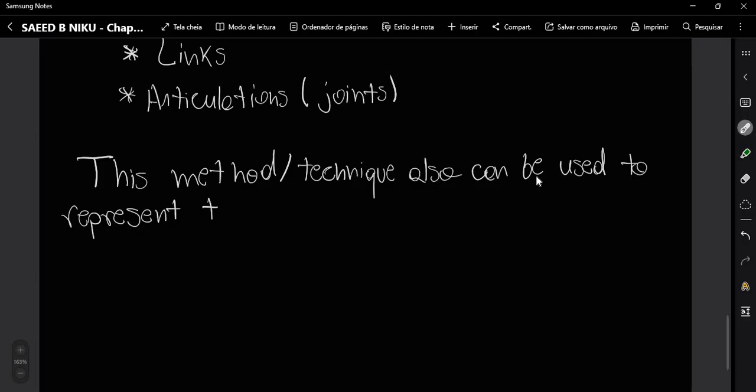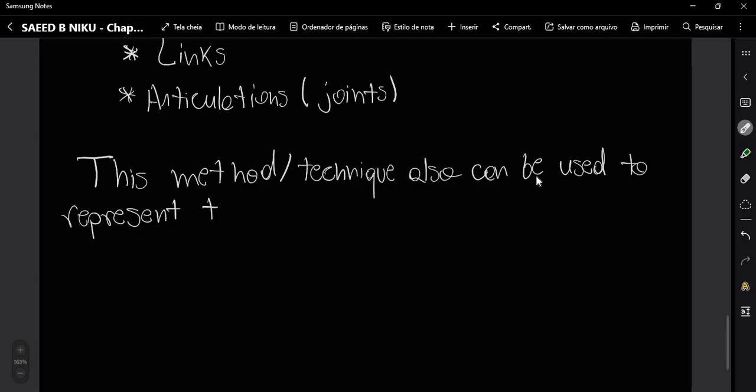We have already studied the Cartesian one. So we have the Cartesian coordinate system, we also have the cylindrical coordinate system, the spherical one, and Denavit-Hartenberg is a method that we can use to represent these robots, whether the robot is in a Cartesian, cylindrical or spherical coordinate system.